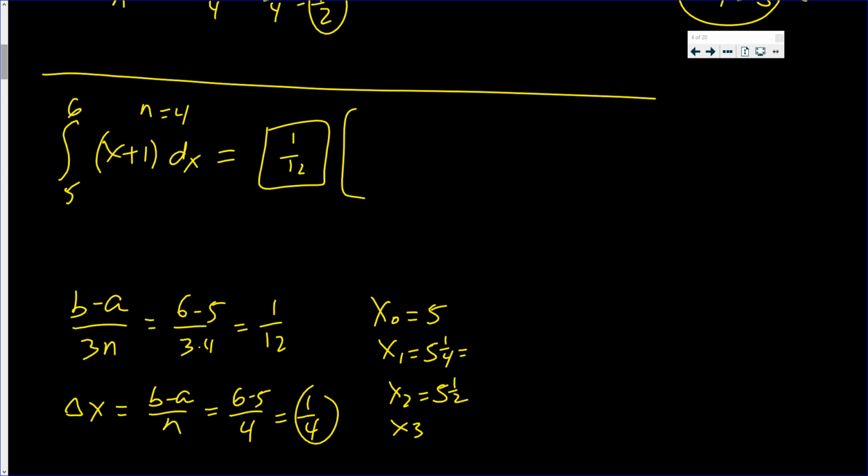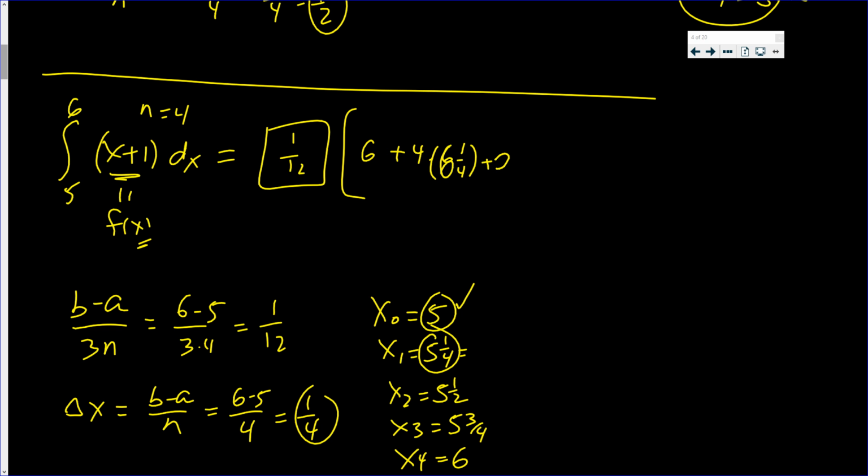Okay, so f of each of these, well, f just adds 1. That's f of x. Whatever is in the brackets, you add 1 to it. So first I add 1 to 5, plus 4 times, I add 1 to that number, which is 6 1/4.